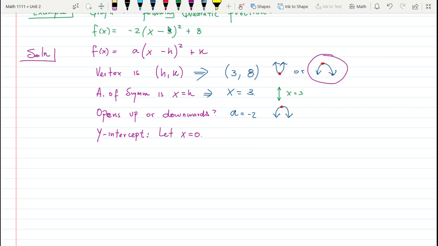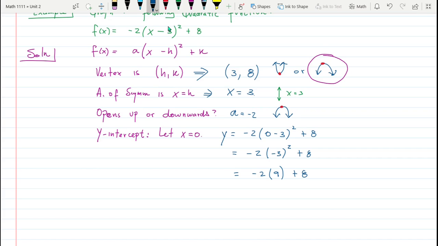So f of x, or y, is going to be equal to -2 times 0 minus 3 squared plus 8. -2 times -3 squared plus 8. Then it's going to be -2 times +9, because -3 times -3 is 9.